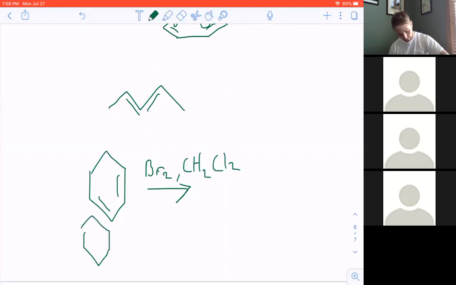You'll have the bromine attack here for the first one, which puts a carbocation here. The next bromine could either add here, or you could have resonance come here, and then the other bromine could also add here.